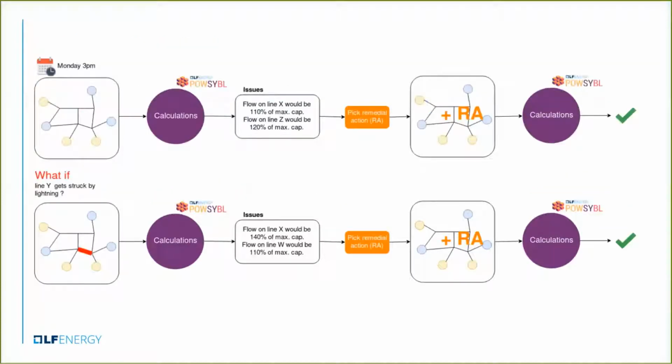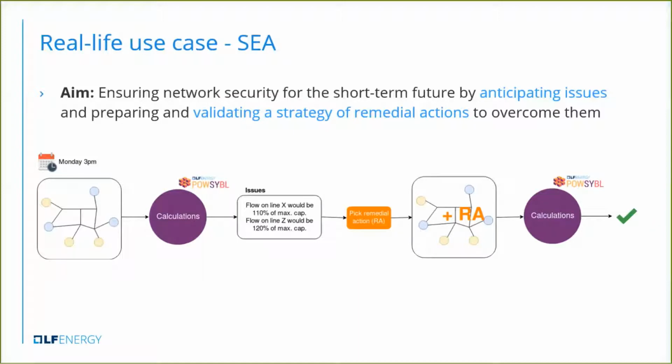Oh, by the way, these calculations that I'm telling you about, SEA does them using modules from another LF Energy project called Possible, and the next webinar is about Possible if you want to find out more about it. So after these calculations, you're going to get a list of issues.